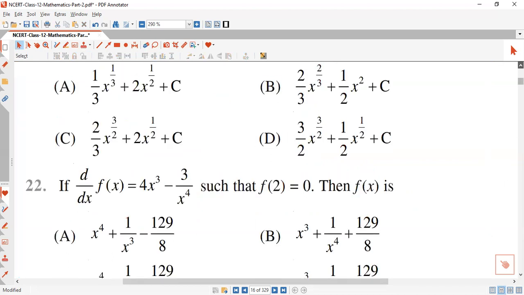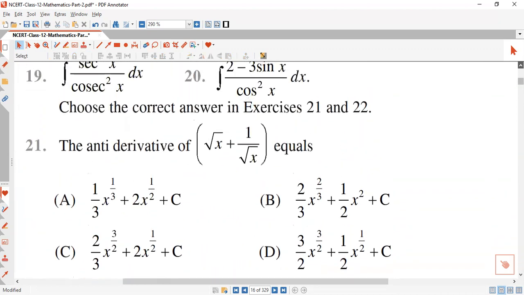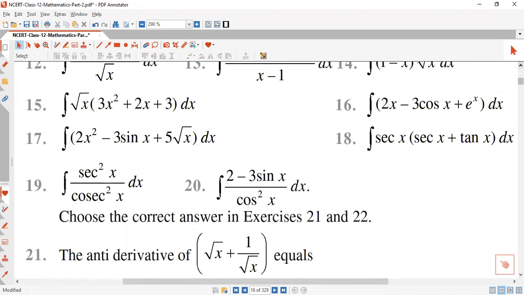Now, after this 15, we will do question number 16. What this question says: integration of 2x minus 3 cos x plus e raised to x dx. Here is a combination of algebra, trigonometry, and the exponential function.